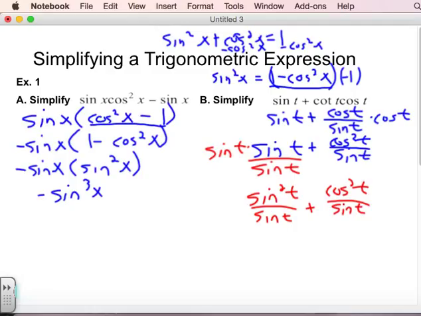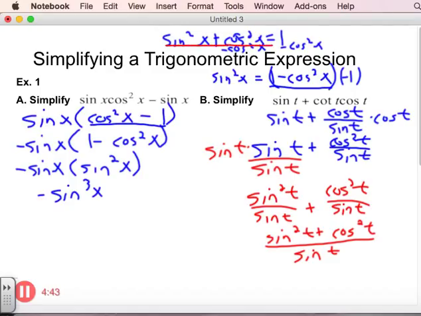Now we can combine those fractions together and have sine squared plus cosine squared over, and of course you keep the denominator the same. All right, then we know that sine squared plus cosine squared is again 1, from this identity up here, one of our Pythagorean identities.